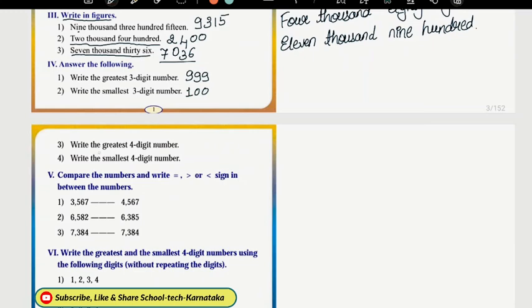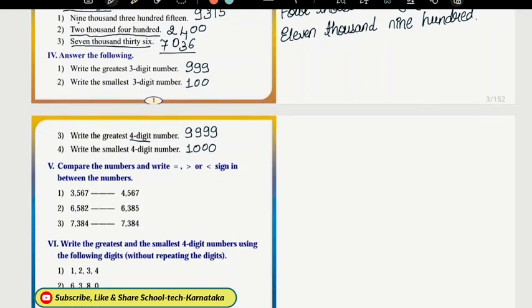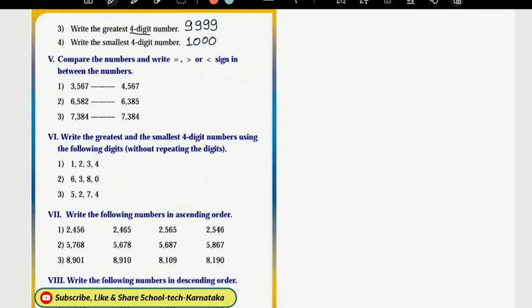Similarly, the greatest four-digit number is 9,999 and the smallest four-digit number is 1000.